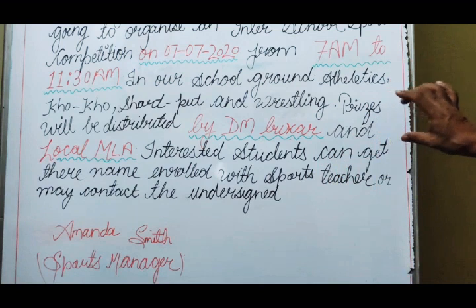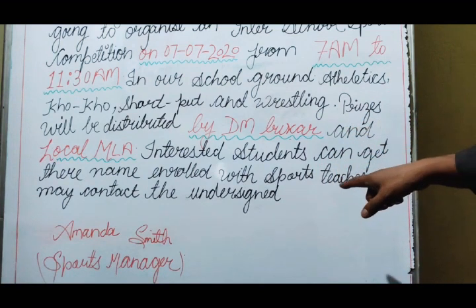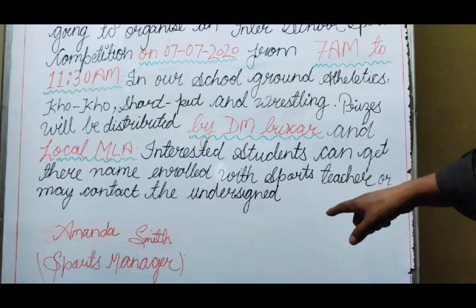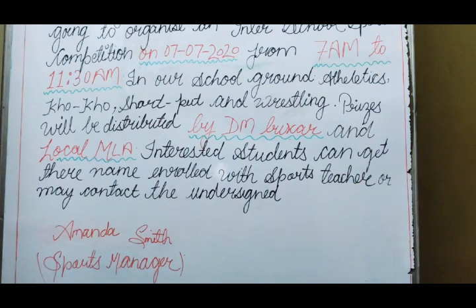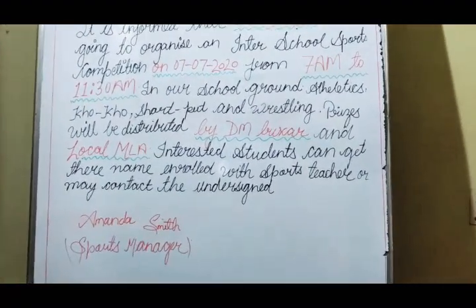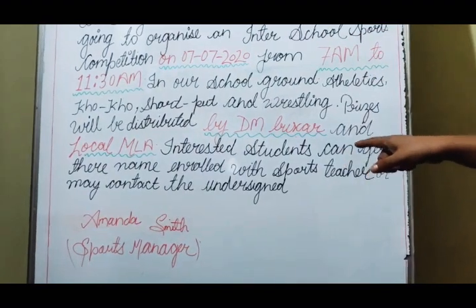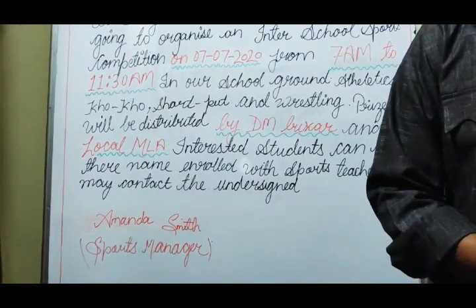So when our main body is finished, then who is undersigned? Amanda is the undersigned. She has issued this notice on behalf of the organization. Sometimes this notice may be issued by your school principal.